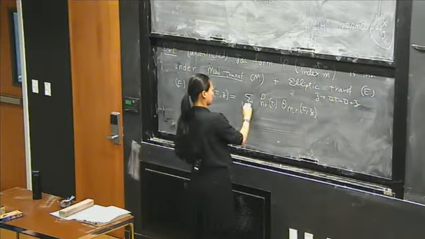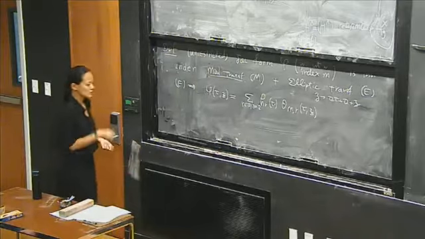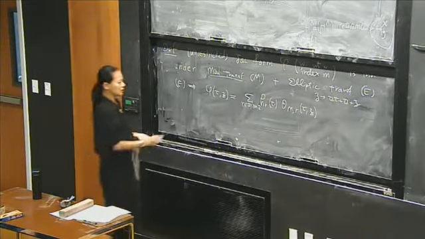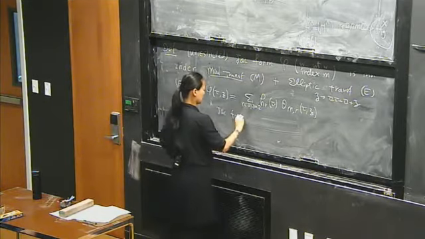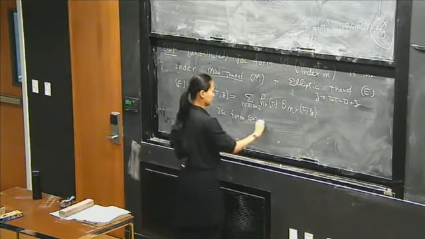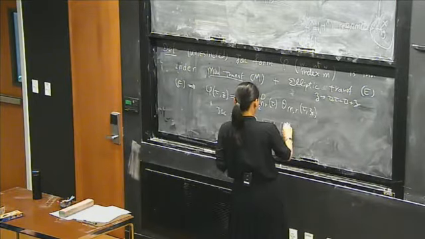So r again will run from 0 to 2n minus 1. So the slogan here is, if you want, a Jacobi form contains the same information as a vector-valued modular form.